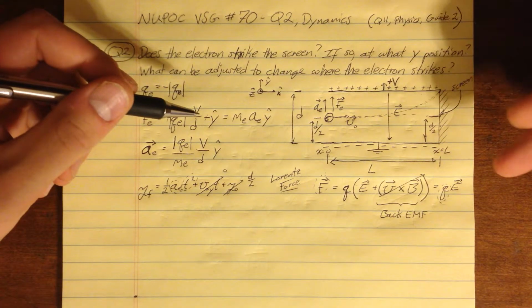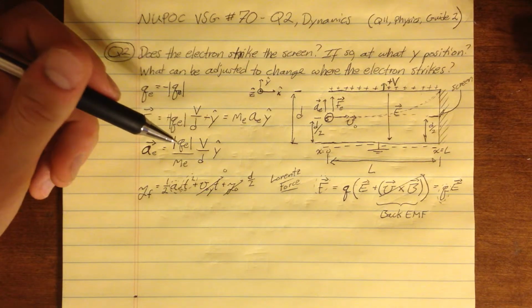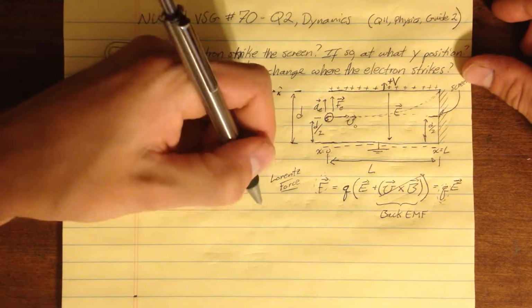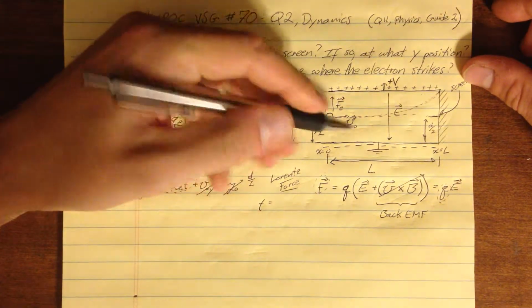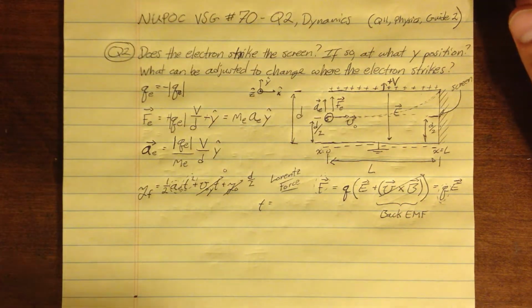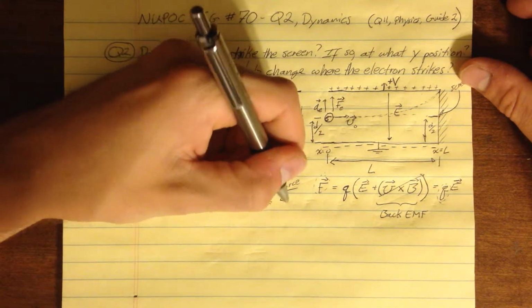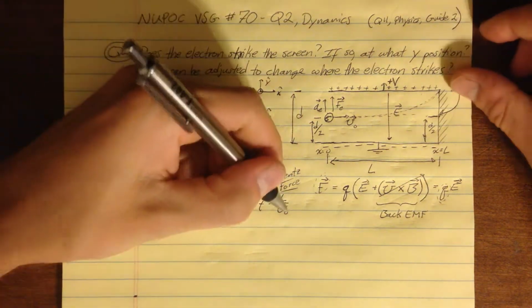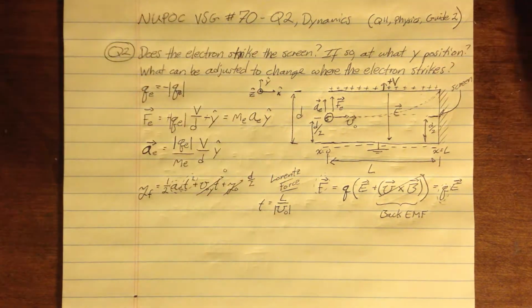If V0 was bigger, it would take less time. And we know that V0 is in meters per second, L is in meters. So the time it takes to travel from the initial position to the screen is simply going to be L over the magnitude of V0.